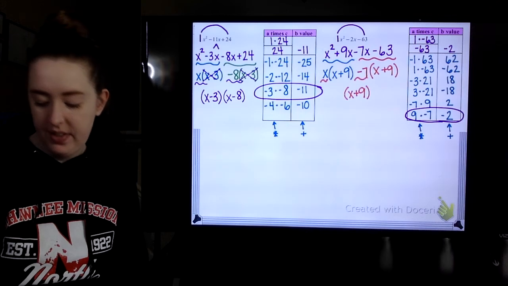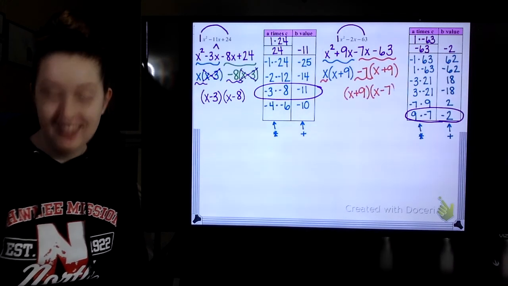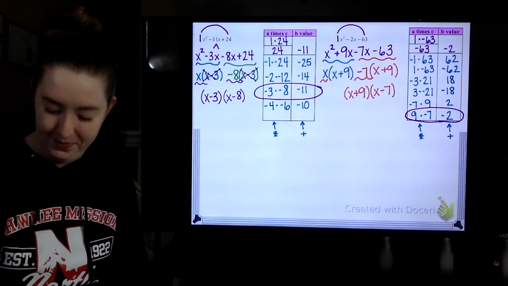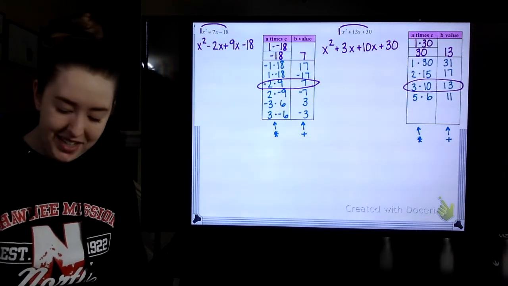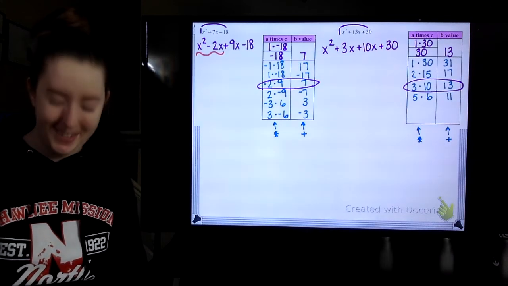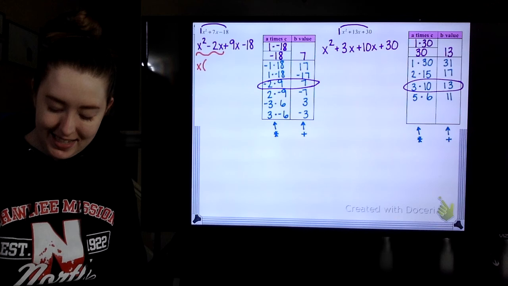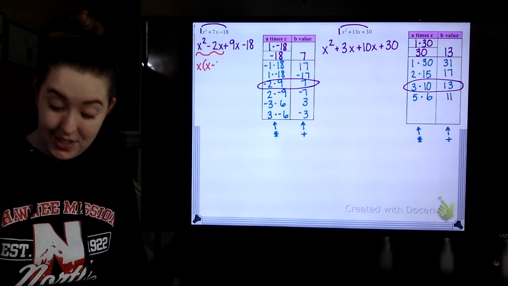And the other set of parentheses is my stuff left over, x minus 7. All right, let's knock out these last two. My greatest common factor of my first two terms, x squared and negative 2x, is x. x squared divided by x is x, negative 2x divided by x is negative 2.